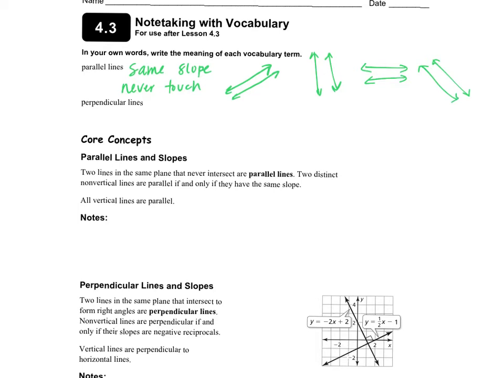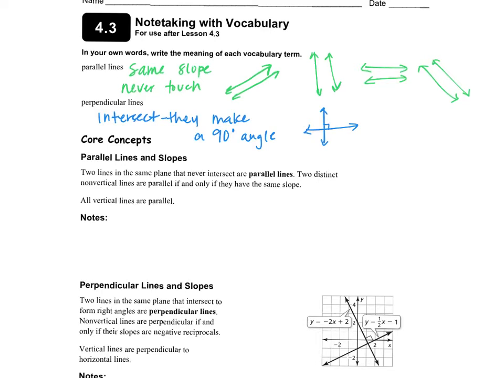Perpendicular lines mean that they will intersect each other. And when they do, they make a 90-degree angle. Okay, so something like this, they make a 90-degree angle.